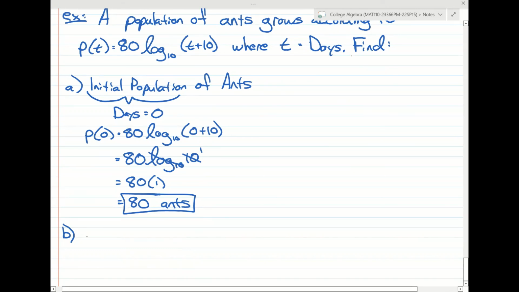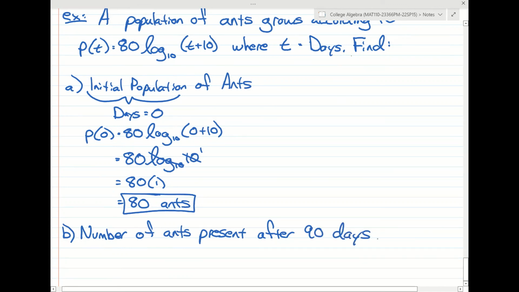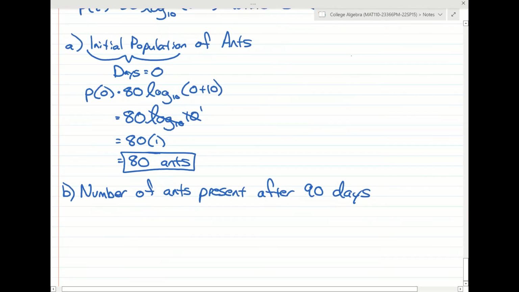Now to finish this, if I asked you for the number of ants present after 90 days, we want to use our equation, P of 90.